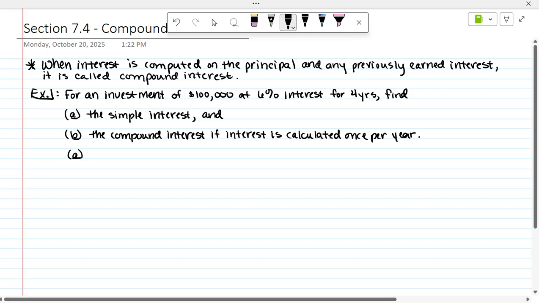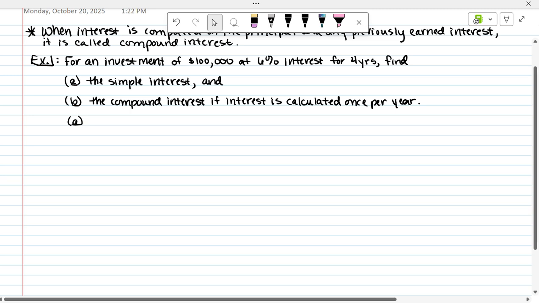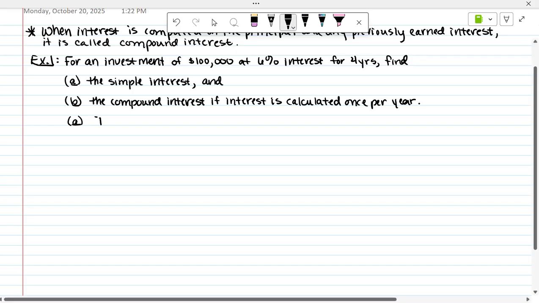So we have two formulas that we talked about with simple interest: I equals PRT, and then A equals P plus I, right? Of course, we're finding the simple interest, so that's I equals PRT, which means I need a principal, a rate, and a time. The time here is 4 years because we're doing simple interest, right?